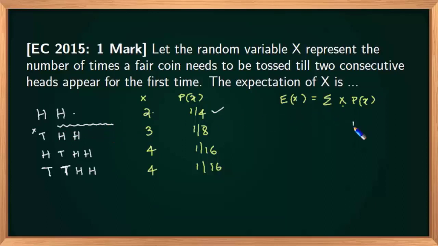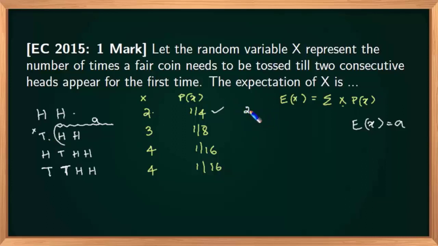Suppose I take the expected number of tosses as say a. I know that if I got the first thing as t, I have to start the experiment again, and hence the expected length from here onwards will be a. Which means that with a probability of 1 by 2, because the first thing is tail with a probability of 1 by 2, I'll write it here.